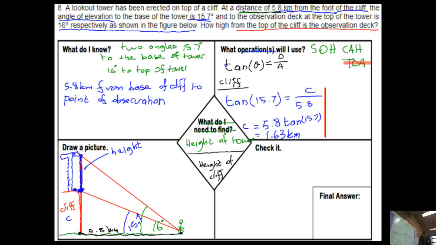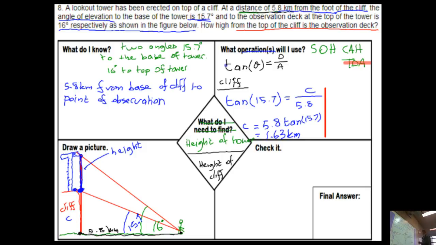Now, let's keep going. That's the height of my cliff. How am I going to get the height of the tower? Well, I've used the small triangle with the small angle. Now, if I have a look, how can I use the next observation of 16 degrees looking up to the top of the tower?